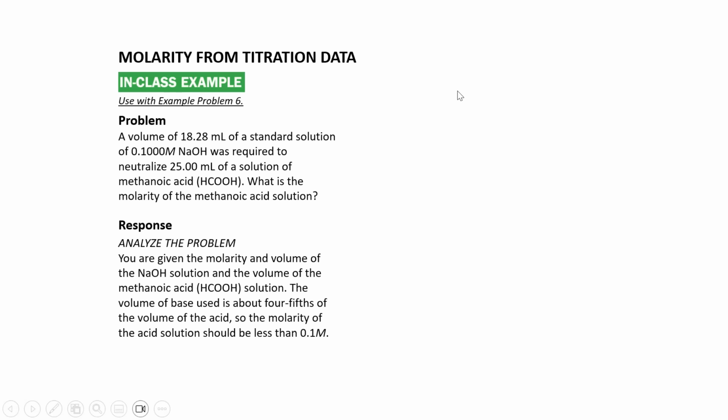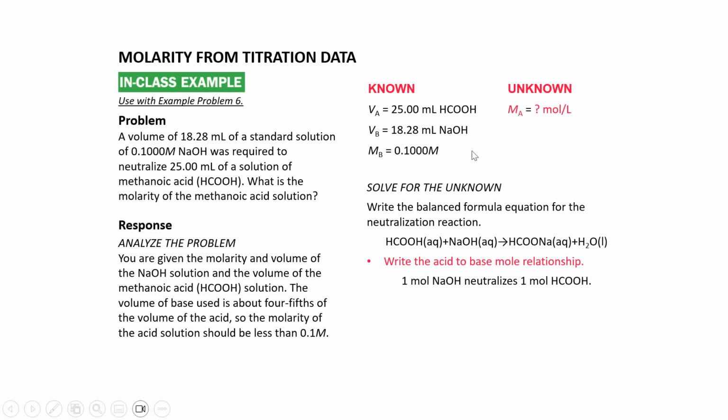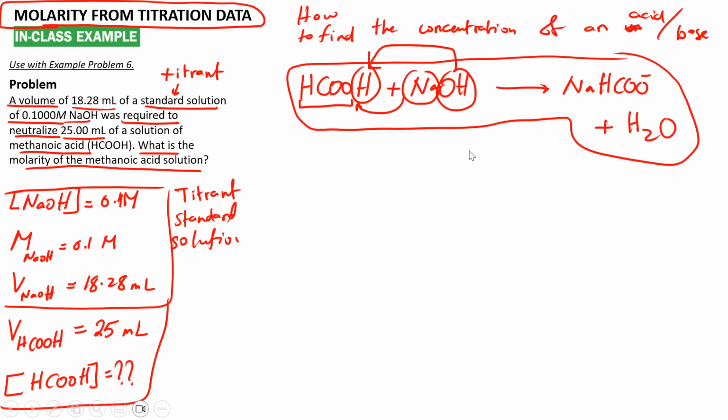Alright, so in the book, yeah, it's okay, that's the same equation. We'll see the book solution shortly. So the first thing that you need to do, step 1, find NaOH moles.